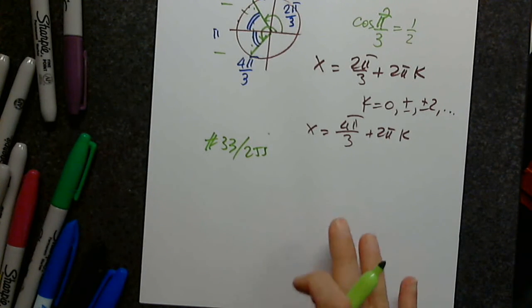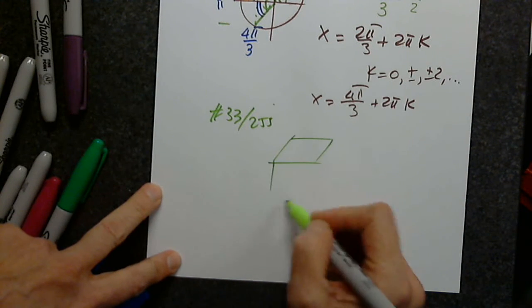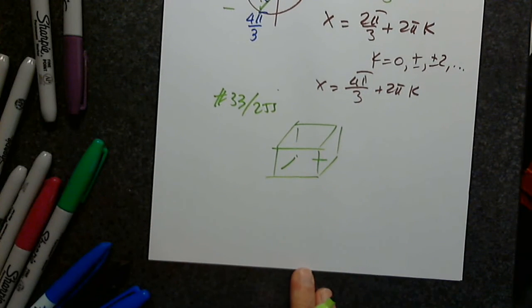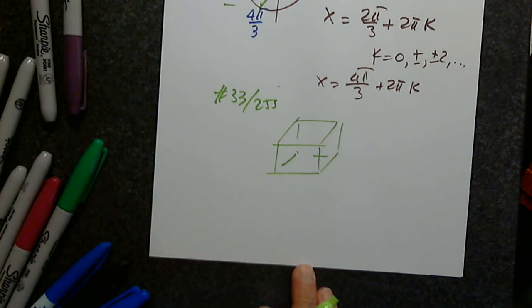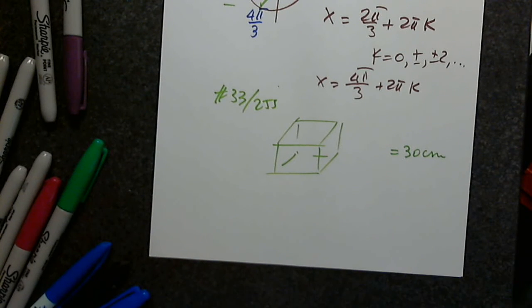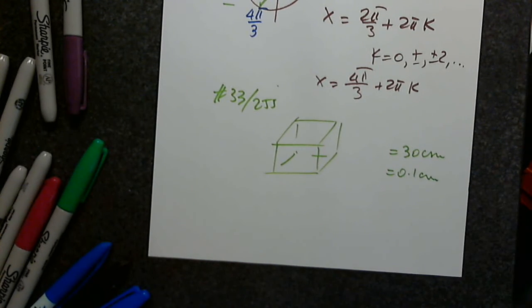Number 33. The edge of a cube, so we have a cube, was found to be 30 centimeters with a possible error in the measurement of 0.1. I read the first sentence and I have to think what is 30 and what is 0.1.